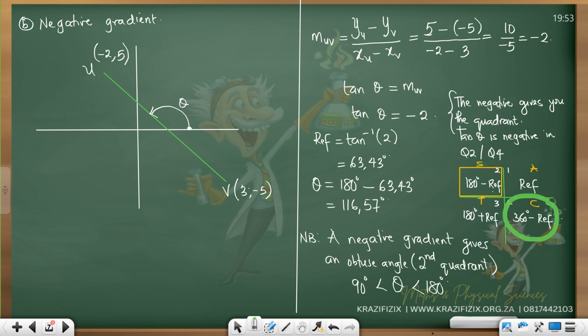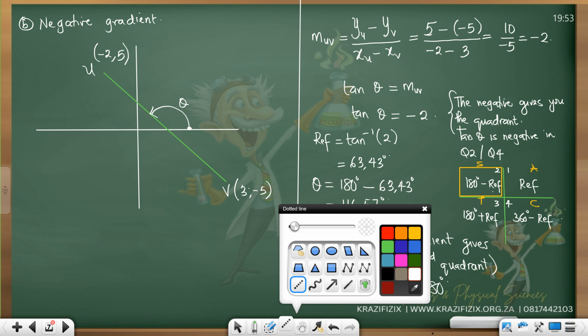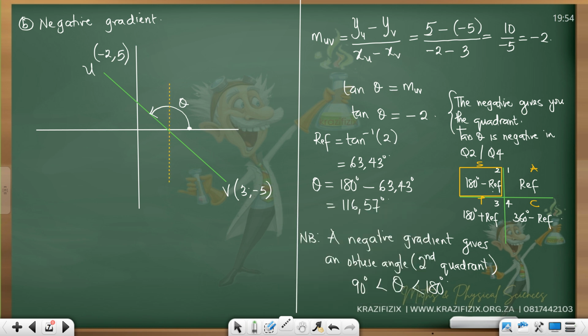But we don't need to work out 2 and 4. Look at what it really means. If I were to draw a little Cartesian plane here, see that? This is quadrant 1. What is this? Quadrant 2. Do you see where we are? 3 and 4.